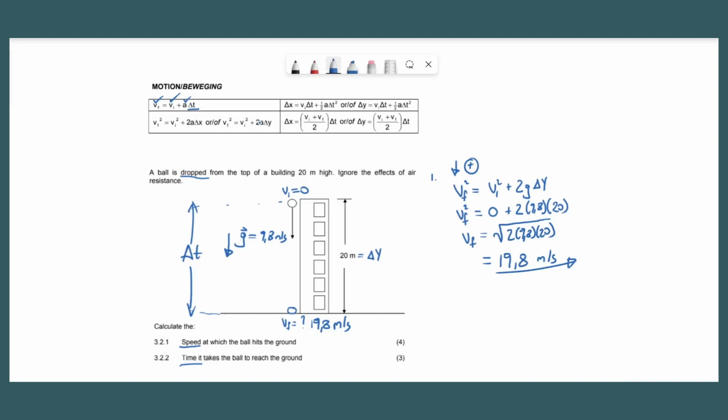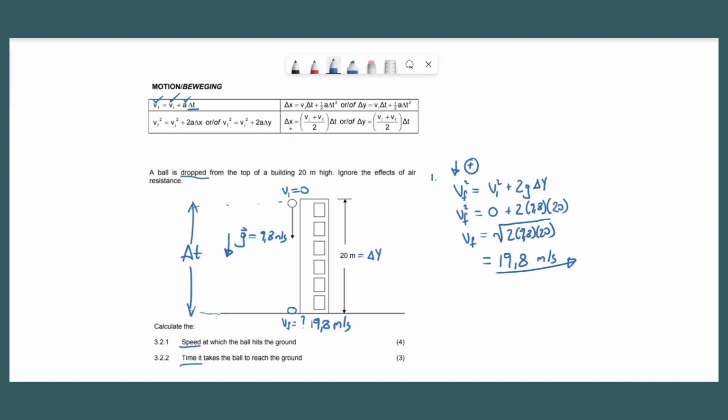But if you also look at the other formulas, you can actually see that you can also use this one here because we do have the change in position of the ball, which is 20 meters. We have the initial velocity, we have the acceleration, and the change in time is our unknown that we want to solve for.